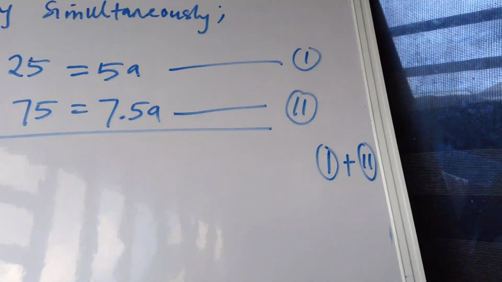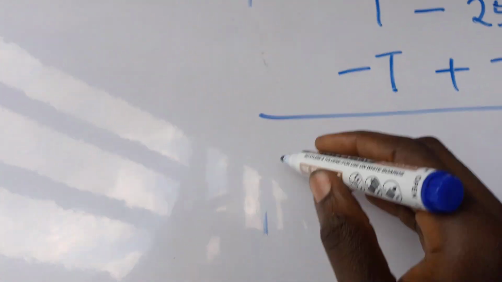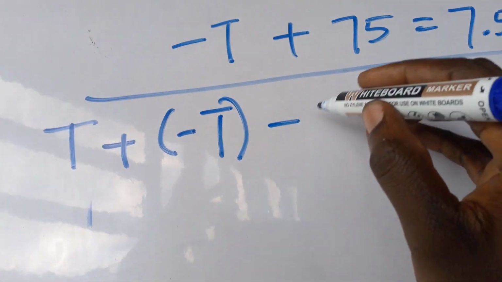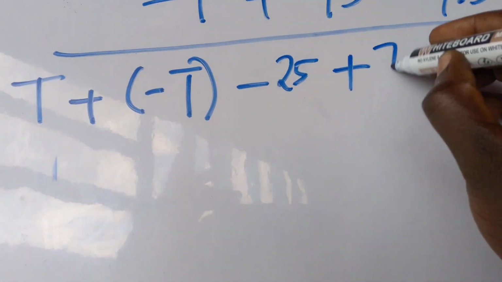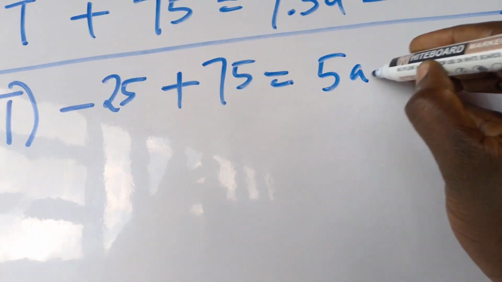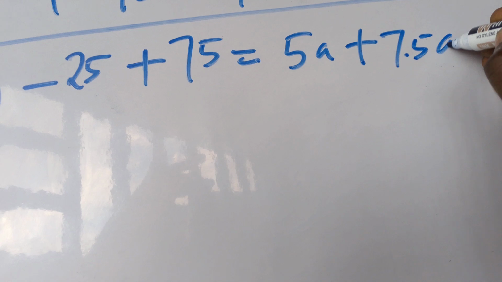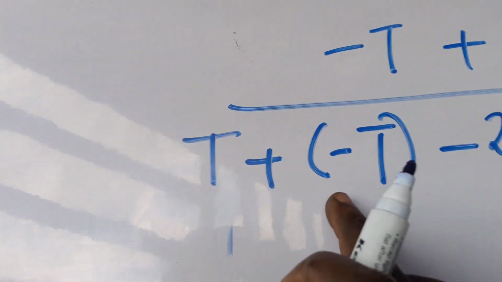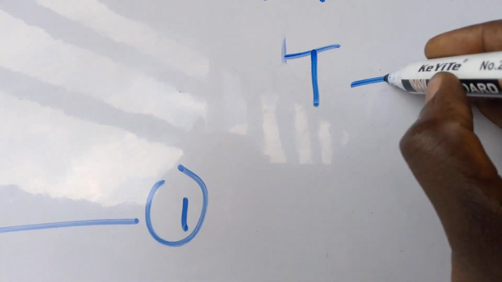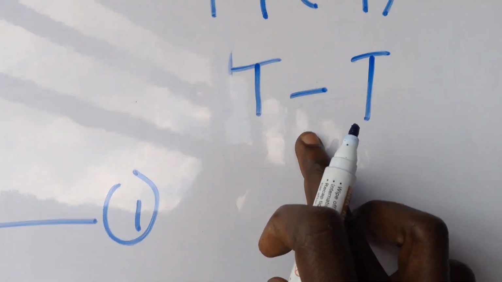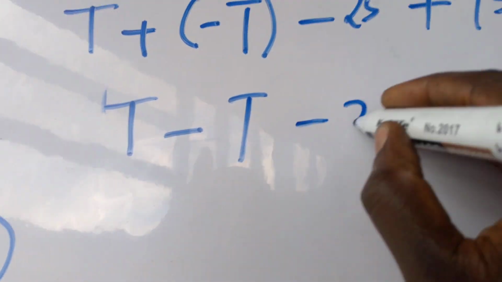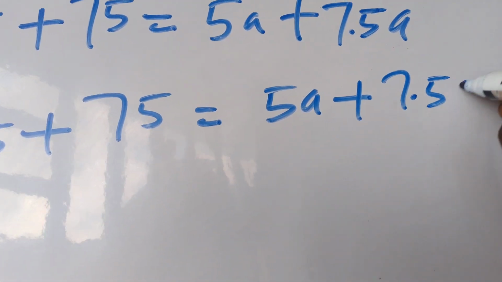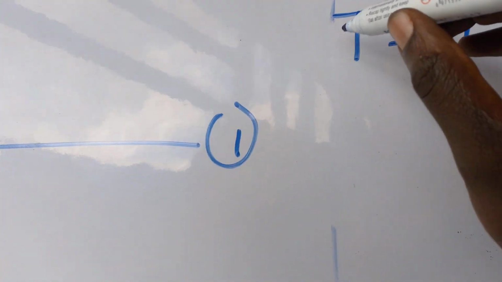So using the elimination method, this now will be T plus minus T, and minus 25 plus 75 is equal to 5a plus 7.5a. T plus minus T, plus times minus gives us minus, so T minus T is 0.